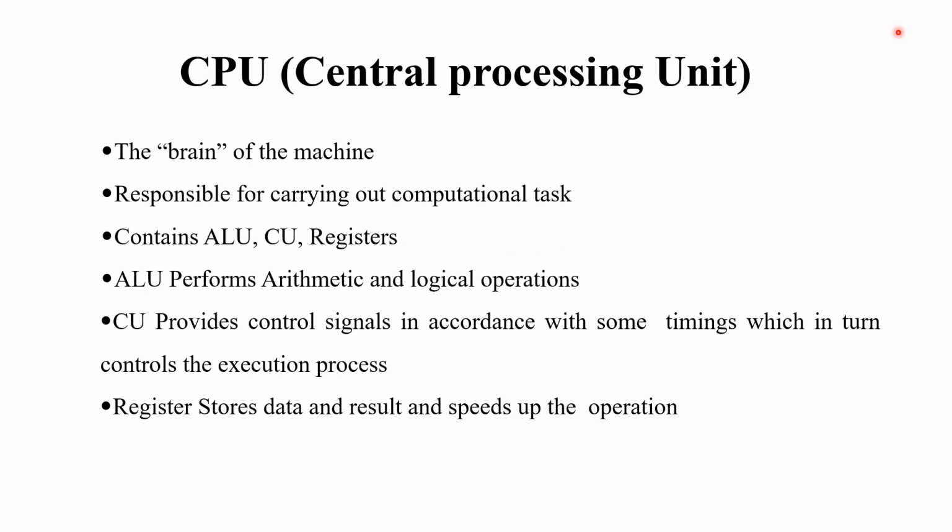The control unit directs the operation of the CPU by fetching instructions from memory, decoding them, and executing them. It manages the flow of data between the CPU and other components. Registers are small, fast storage locations within the CPU that hold data and instructions temporarily for quick access during processing.